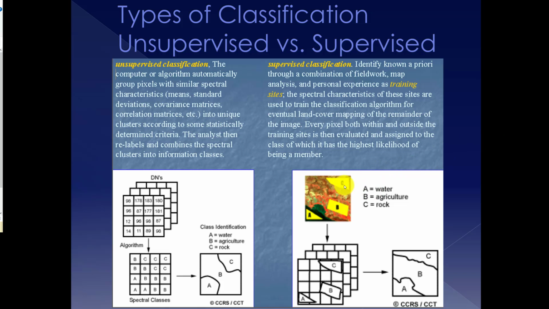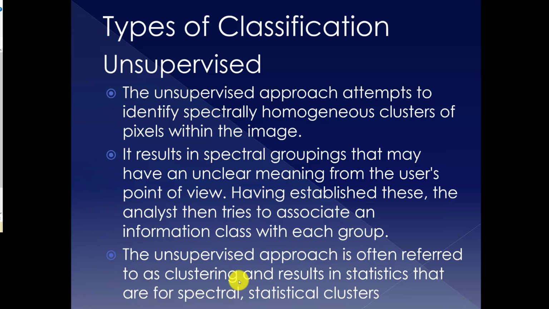Here's our same example of water, agriculture, and rock. And you can see here that these are the representative training classes that the analyst drew on our representative raster. And then the analysis by the computer is a little bit more sophisticated than you can see in unsupervised. So an unsupervised attempt will identify spectrally homogeneous clusters of pixels within the image.